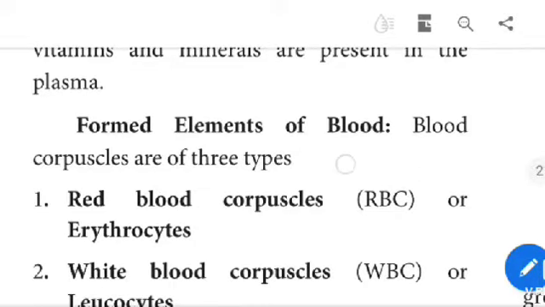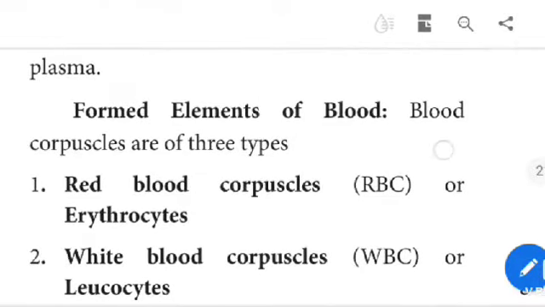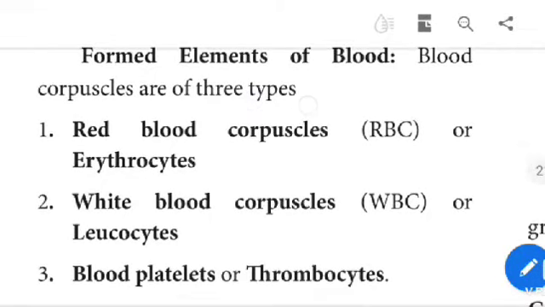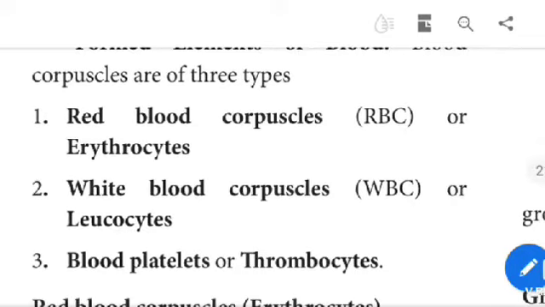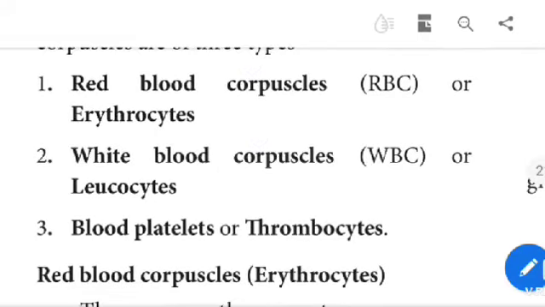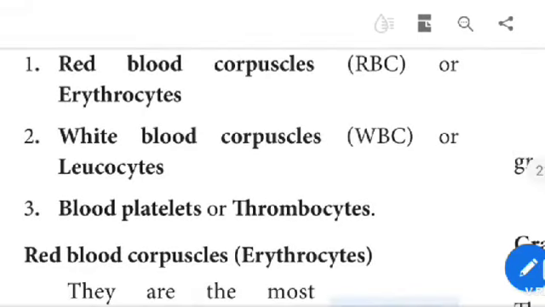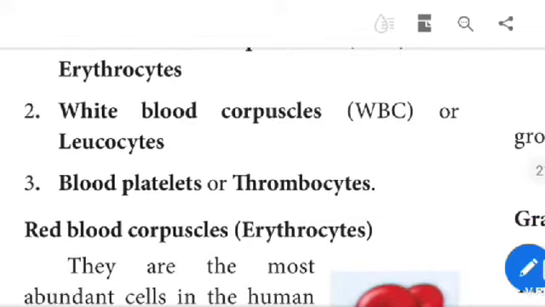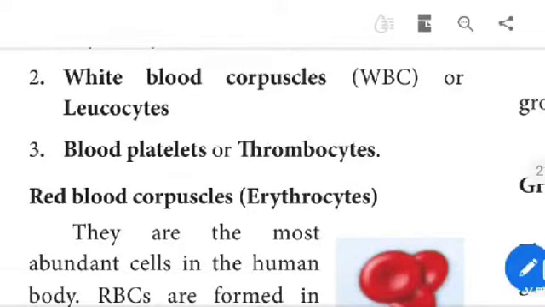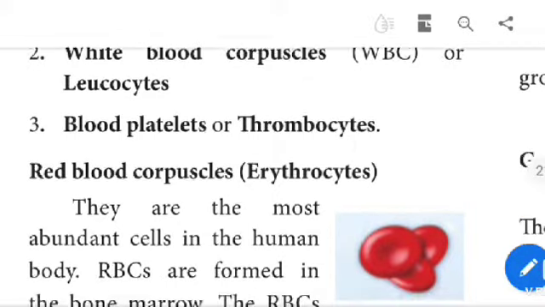Formed elements of blood. Blood corpuscles are of three types: red blood corpuscles, called RBC or erythrocytes; white blood cells, called WBC or leukocytes; and blood platelets or thrombocytes.